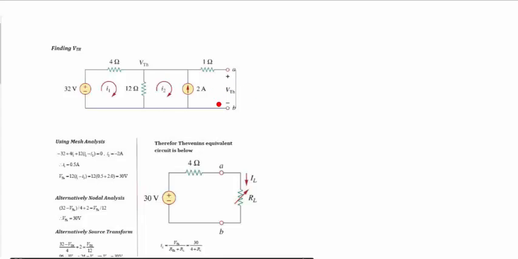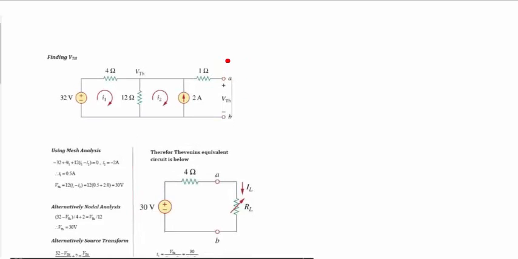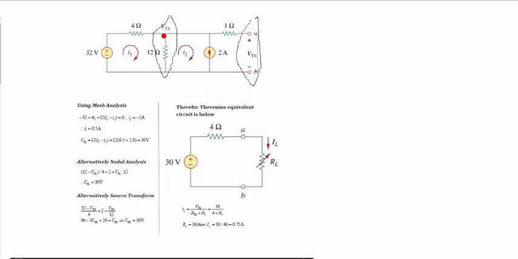This is where understanding comes in: voltage is the same in parallel, and current is the same in series. So the voltage across this branch is the same across this 12 ohm resistor. If you find the voltage at this node, it will be the same as the VTH.